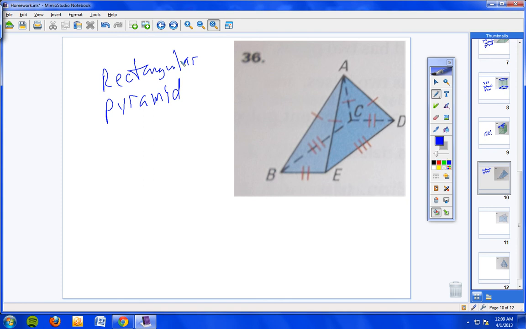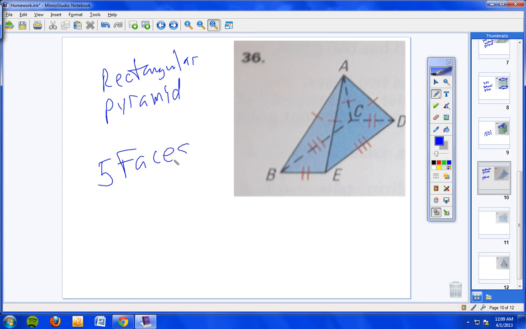Okay. Now, I'm not going to make you name all of the, well, they said count. Okay. So let's count the number of faces. Well, we got one in the front, one in the back. That's 2. Left, right, that's 3 and 4. And then the bottom is 5. So it has 5 faces.